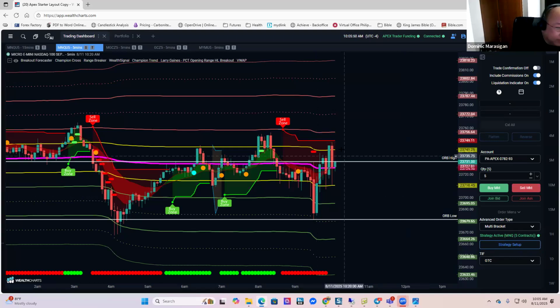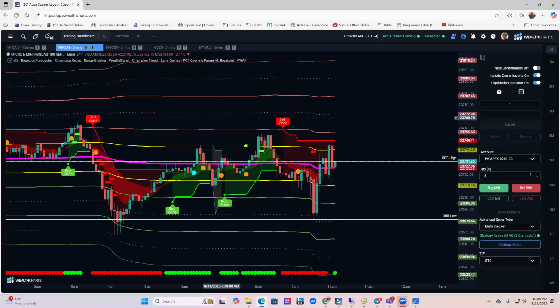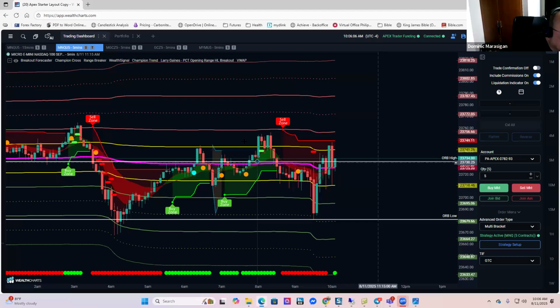the initial balance. So right now the initial balance would be from here, there's your initial balance low. Your high would be up here. Let me copy this. Yeah, 10:30 is the sweet spot. I would color this blue.